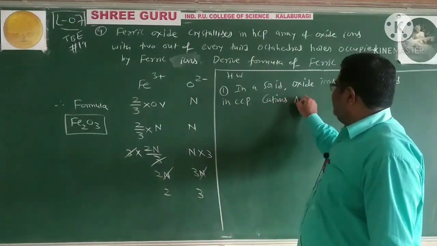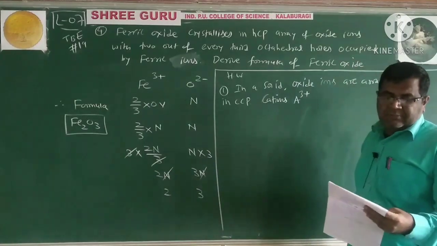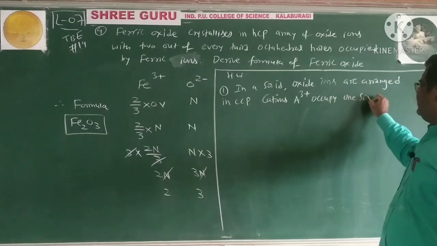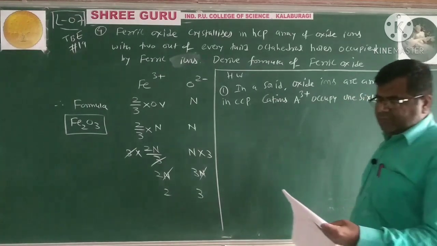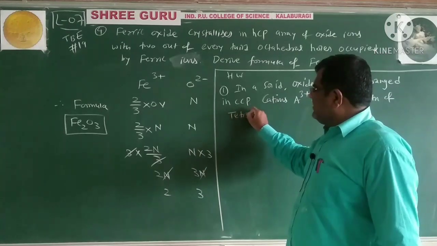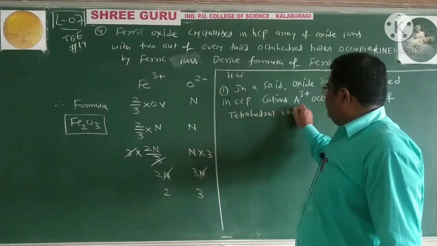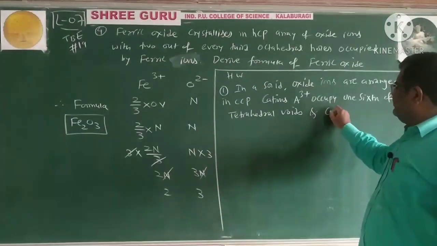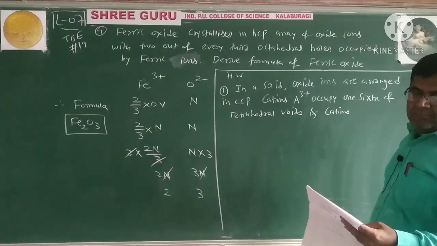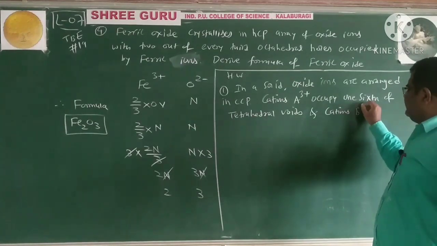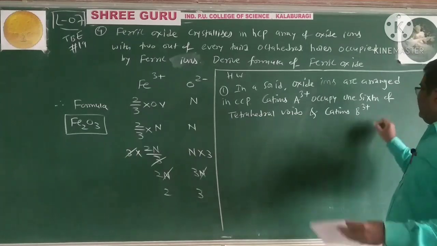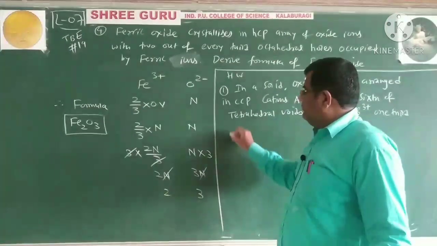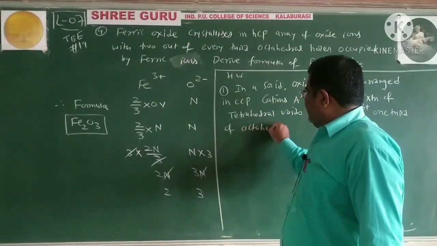Cations A+3 occupy 1/6 of tetrahedral holes, and cations B+3 occupy 1/3 of octahedral holes.